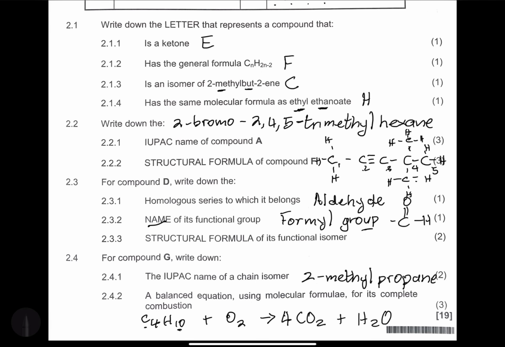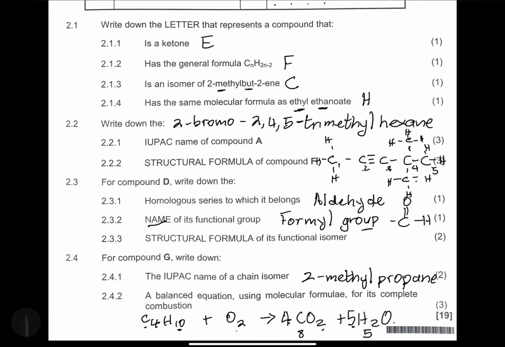I've got 10 hydrogens on the other side, okay, so I would say, well, 5 multiplied by 2 gives me 10. Now what's left is the number of oxygens. So I'm going to simply say, well, how many oxygens do I have on the left? I've got 2, but on the right I've got 4 times 2, which is 8, plus another 5 times 1, which is 5.